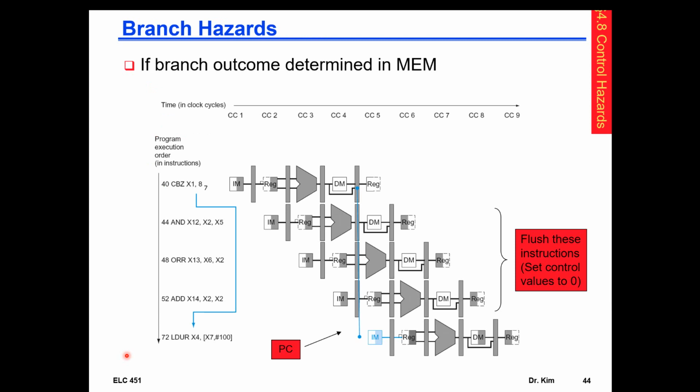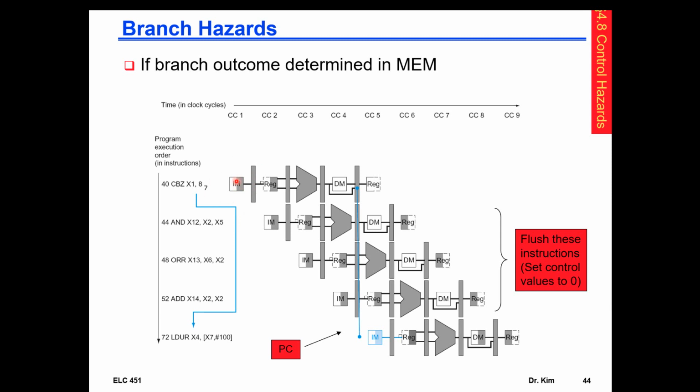Now let's keep talking about branch hazard, which was our third type of hazard, and as I mentioned before, the most complex to deal with because it deals with flow control. Let's look at this code sequence. And here I have a branch on 0 that gets fetched during this clock cycle.